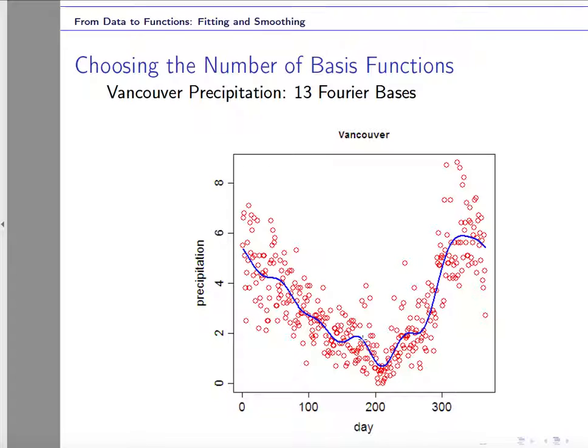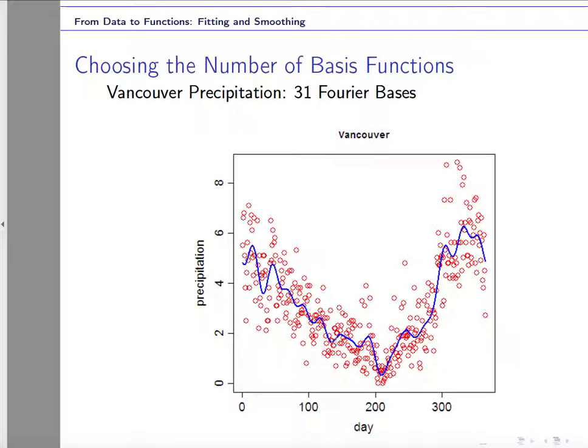So for this case, if we just look at the graph, I would not recommend 13 Fourier basis functions, because the fitted function suddenly has these local wiggles. With 19, we have even more wiggles. And with 25, we clearly overfit the data.